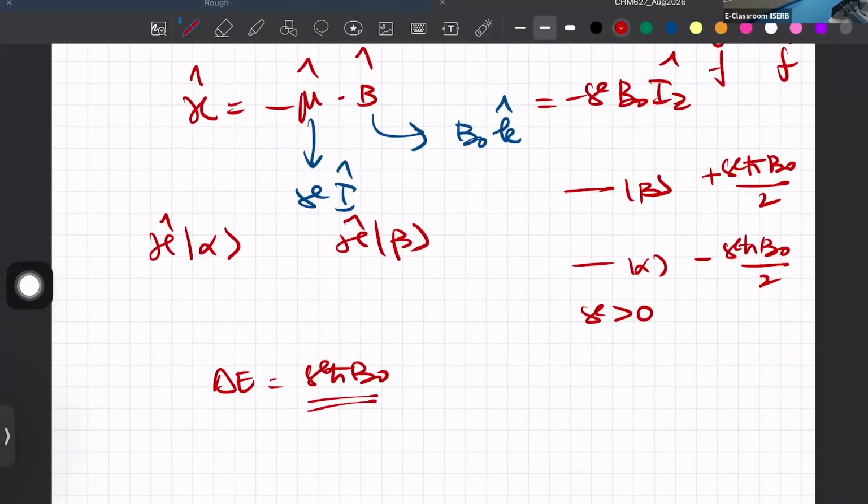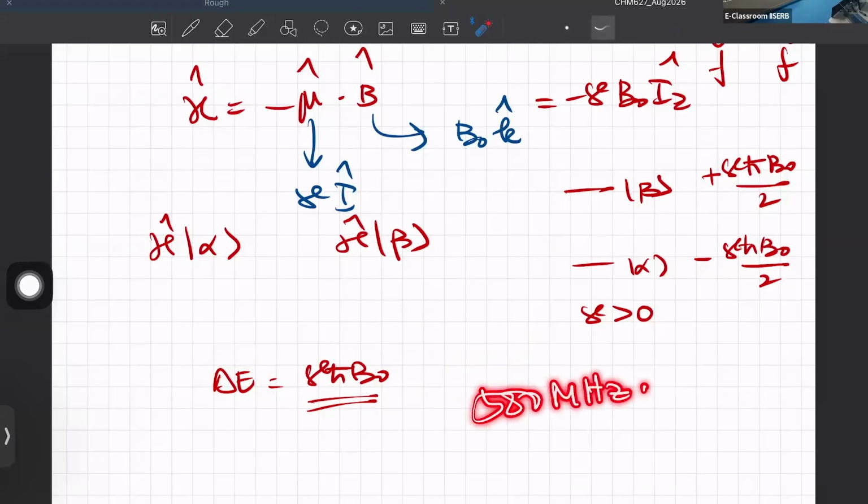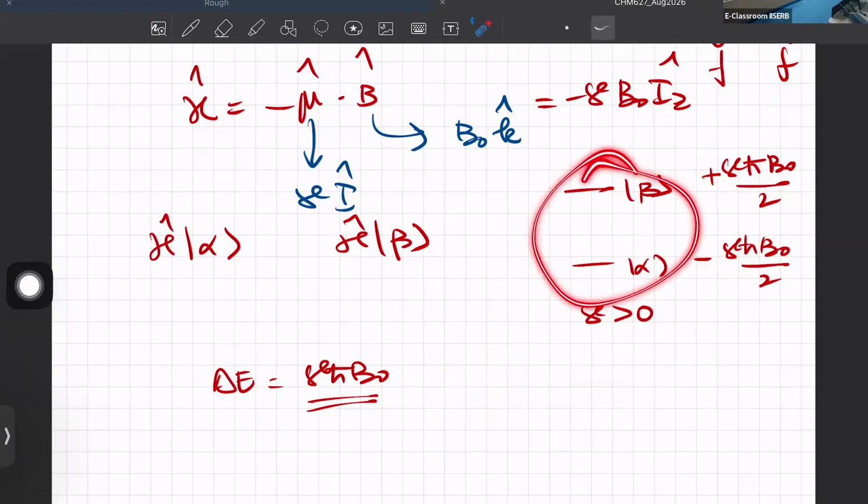And I also asked you to figure out, for a given B naught and a given spin, what is the energy difference between the states, which is commonly represented in the unit of hertz. And we were able to see that for something like 11.74 Tesla, the energy difference corresponded to something like 500 megahertz. And for a similar example, we also tried to look at what will be the population distribution.